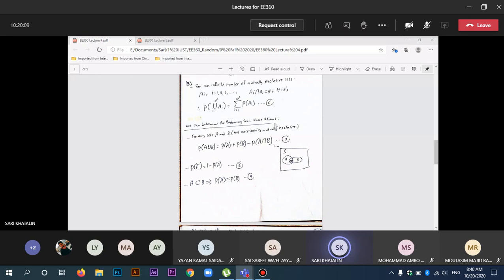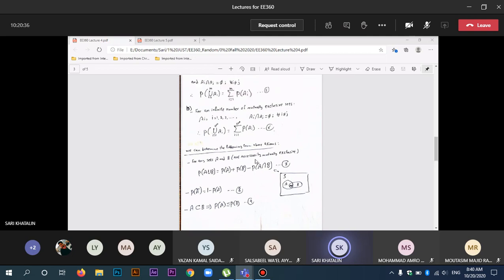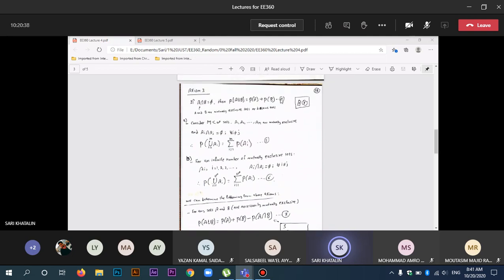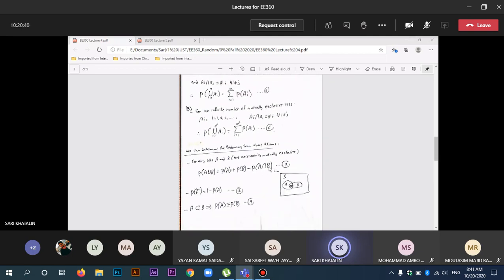So this is really the end of the axioms, but from the above axioms, we can come up with some other rules or identities. For example, equation 7, as you can see here, says the probability of the union of A and B is equal to the probability of A plus the probability of B minus the probability of the intersection of A and B. If you compare 7 and 4, the only difference is that we have the probability of the intersection.